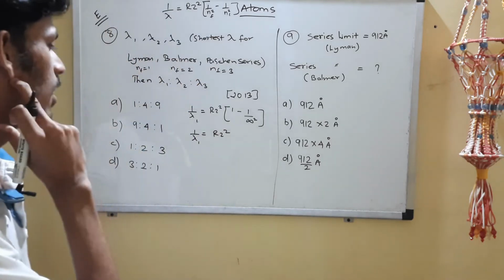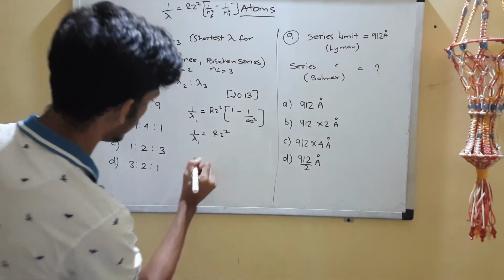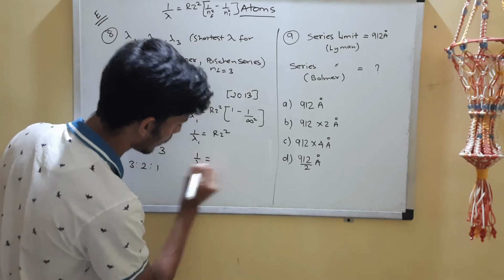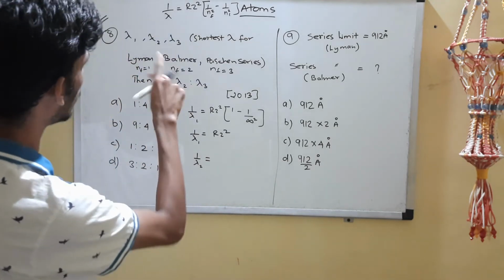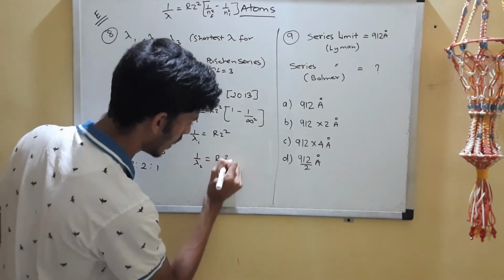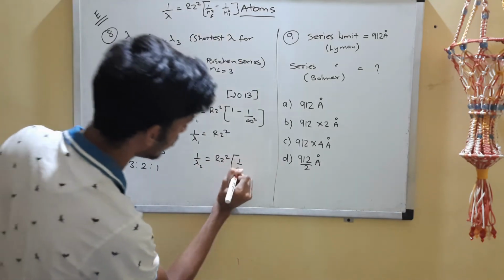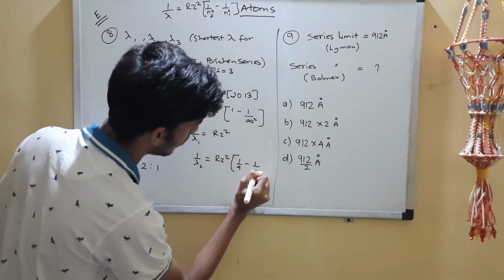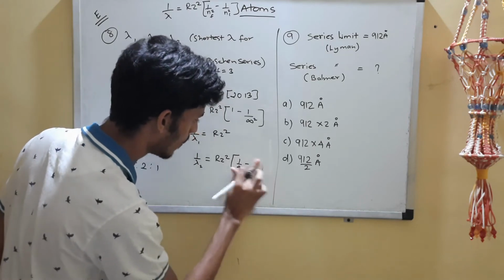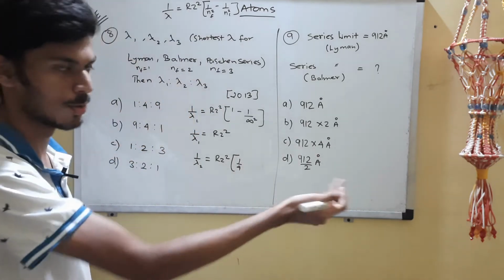Similarly we can proceed for 1 by lambda 2 for your Balmer series. So rz square, here n final is 2, so that will be 2 square, 4, and again 1 by infinity square is 0.